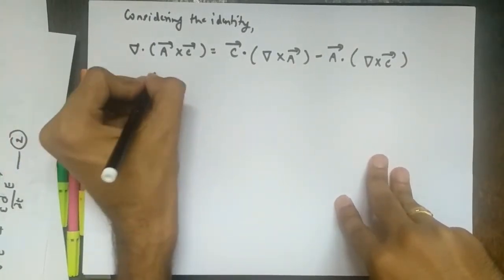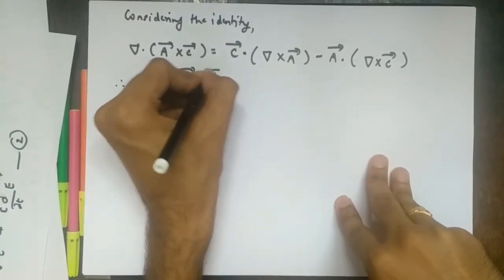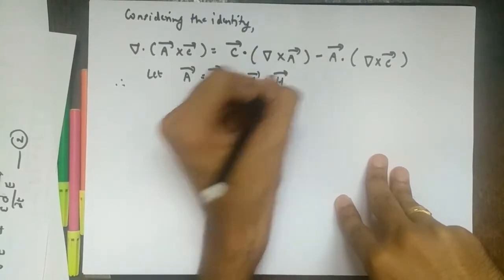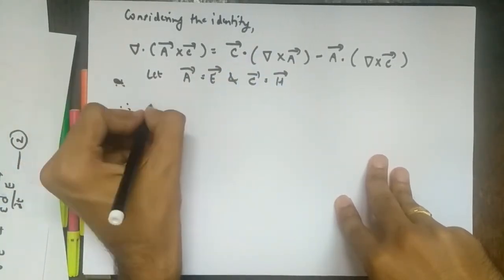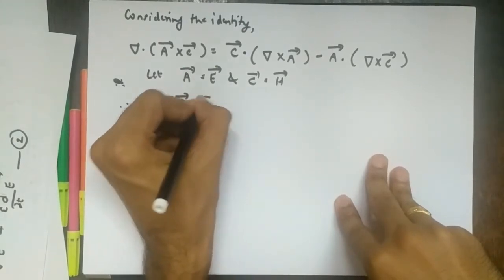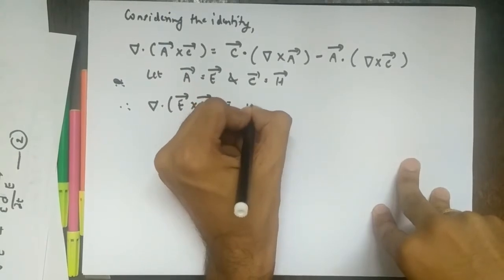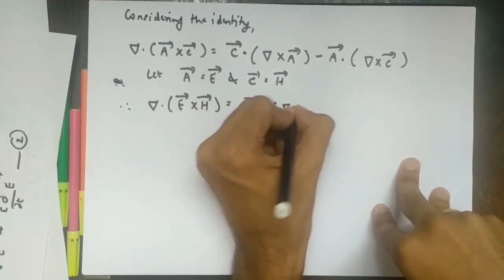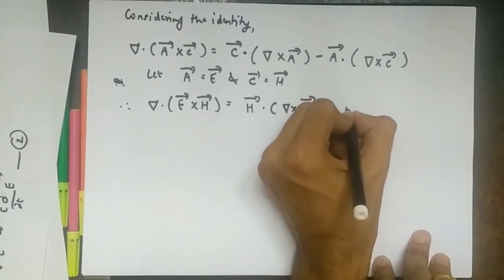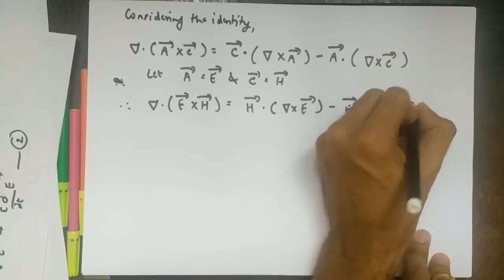So let's say, let A vector equal E vector and C vector equal H vector. Therefore del dot E cross H vector equals, C is H, so H dot del cross E vector minus, A is E vector, so E dot del cross C, which is H vector, right?